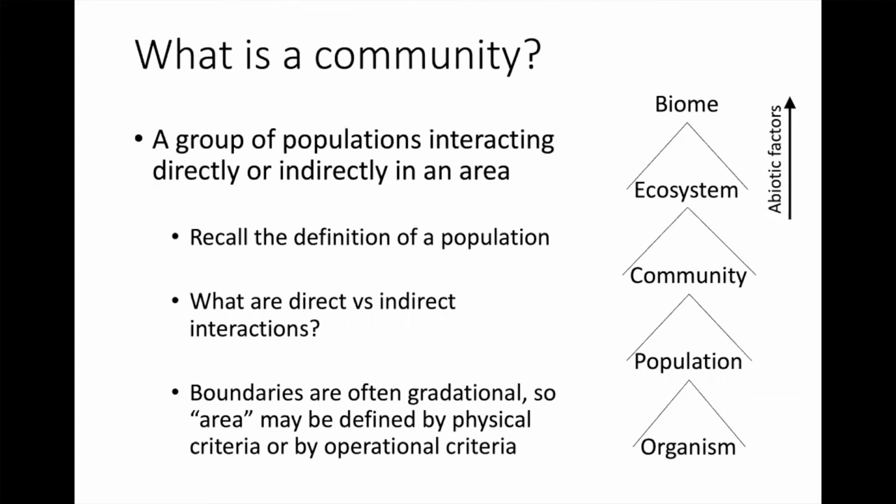So to help you put this into a broader framework, I've put in the classic hierarchy here that's in an ecology textbook. You'll find it in your textbook if you look for it. Organisms comprise populations, right? A group of populations in the same area potentially interacting makes a community.